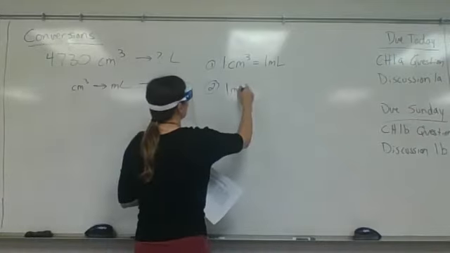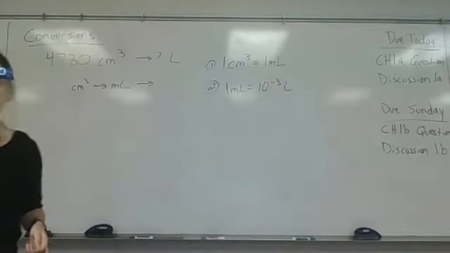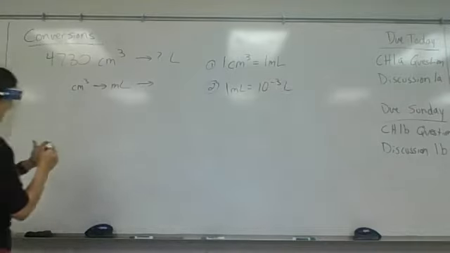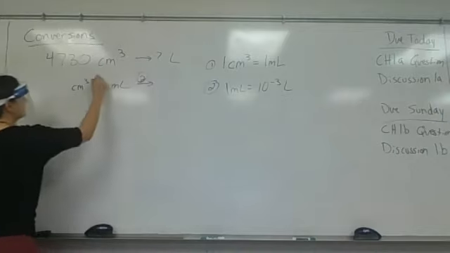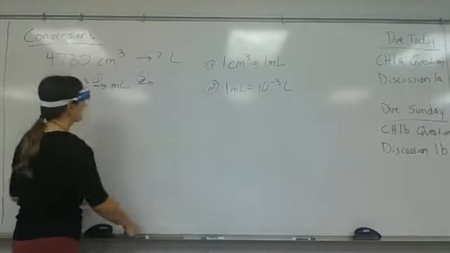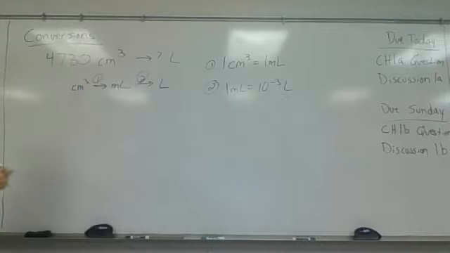What is that one? Is it 10 to the negative third? Use these enough, you'll start memorizing. So, all right, this is where we use the first, and this one here will get us from milliliters to liters. Perfect. So, do this conversion.